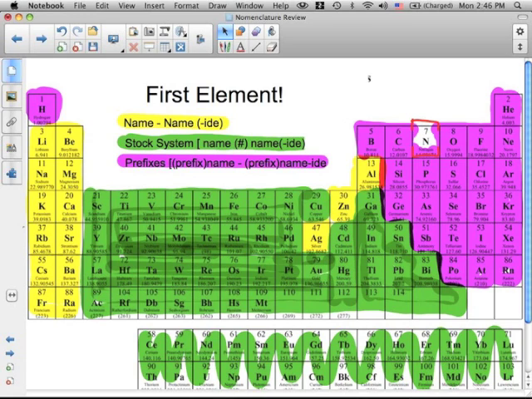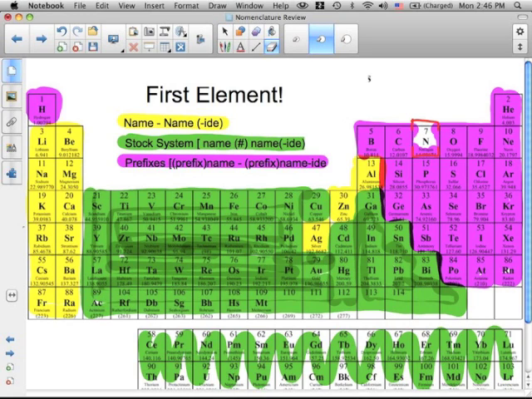It's just ammonium chloride or ammonium phosphate. But if it's a binary compound, N something O something, N something Se something, N something Cl something, then you're going to use prefixes. But if it's NH4, then you want to use the ionic system.